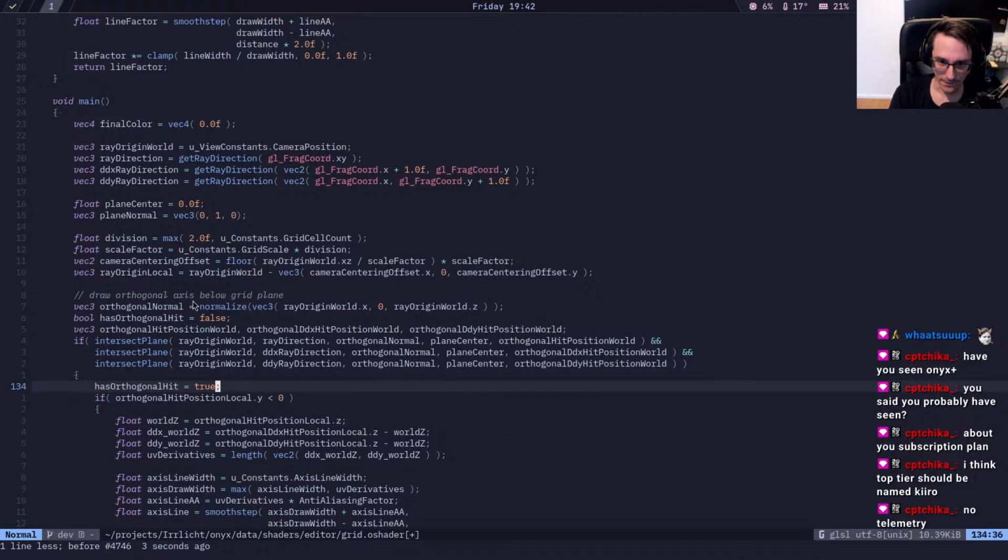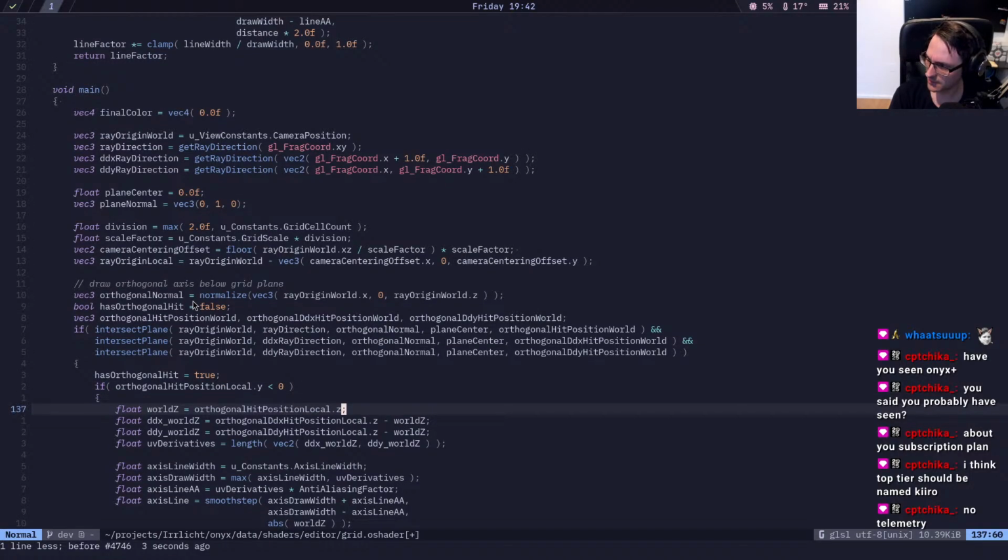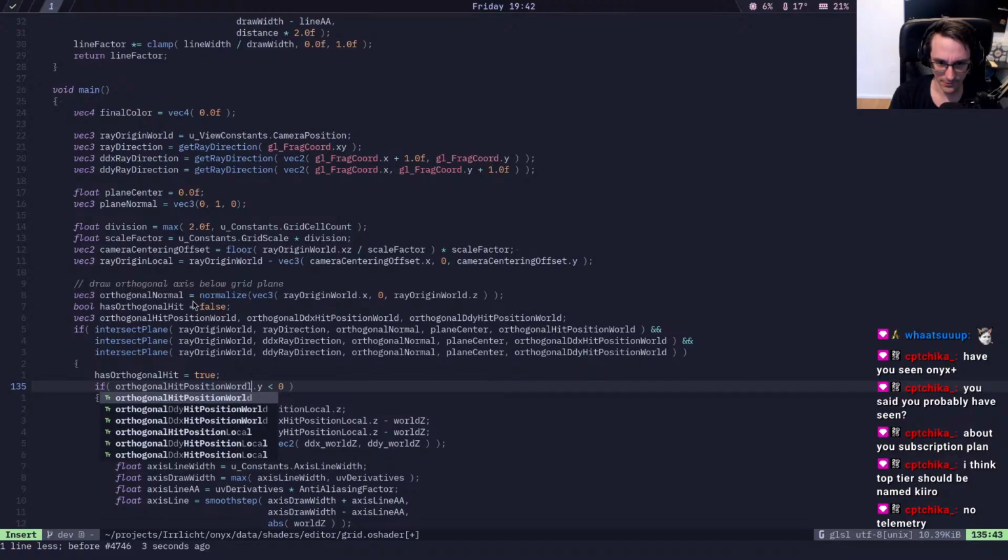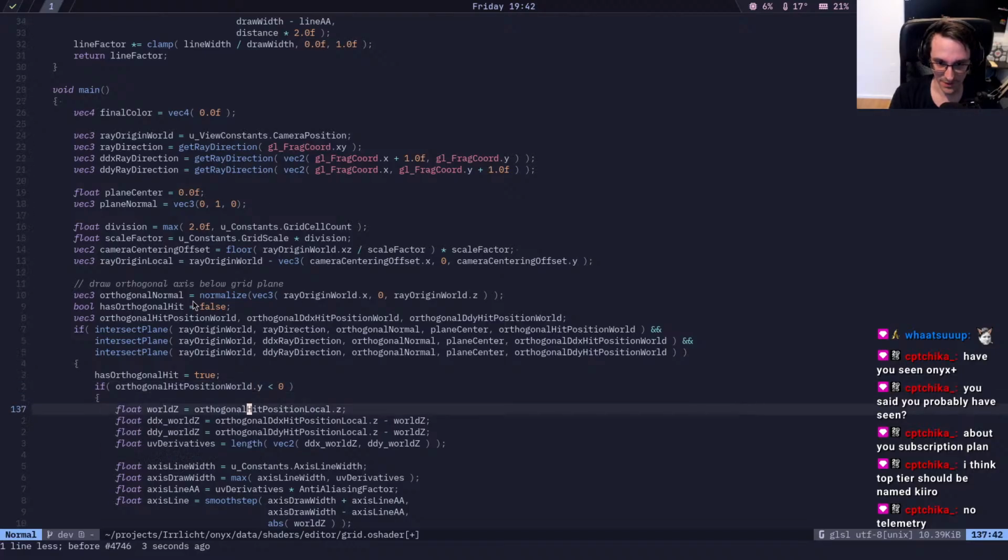Okay, that is that, and then here we just check that our orthogonal hit position world is less than that.